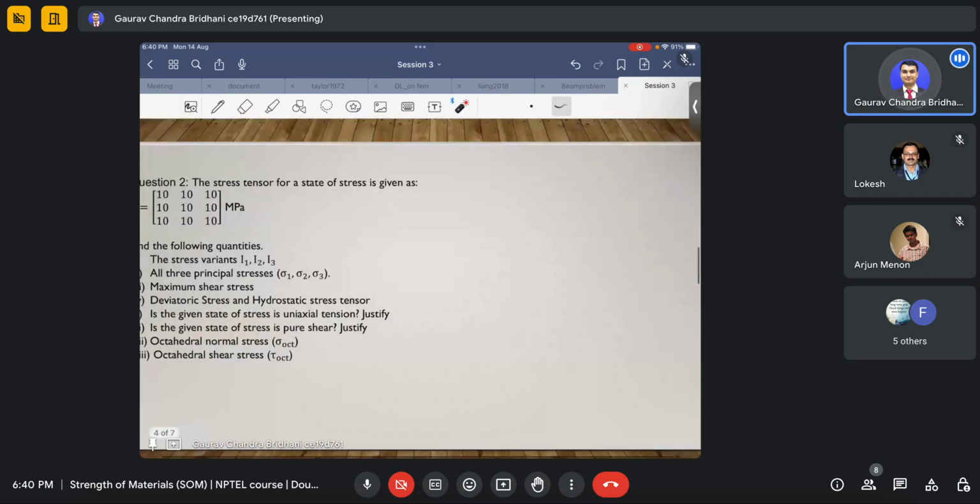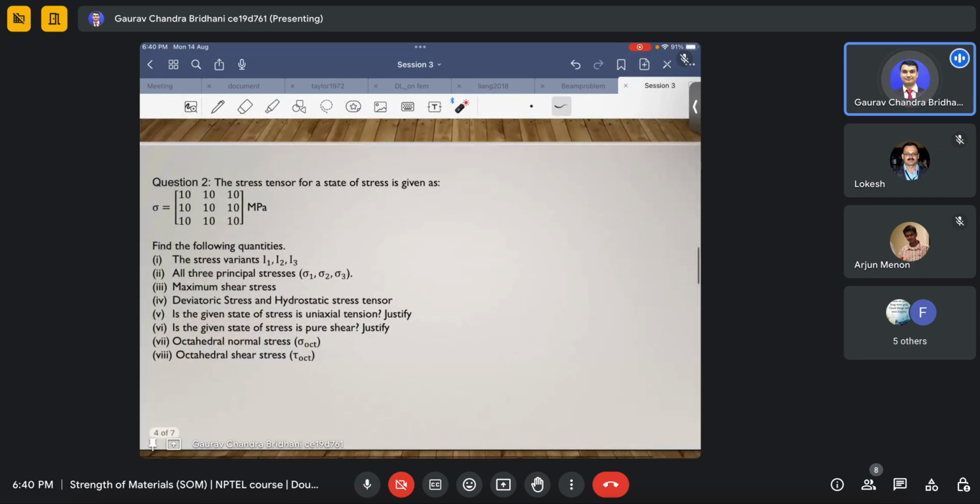Now moving to the next question. Here I have chosen a three-dimensional kind of representation of the stress tensor. The sigma matrix is a 3x3 matrix, so that you can find it for those cases, because those cases will be a little bit more involved.